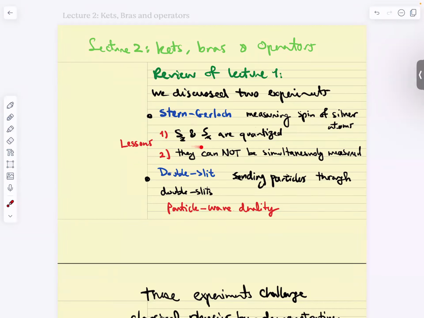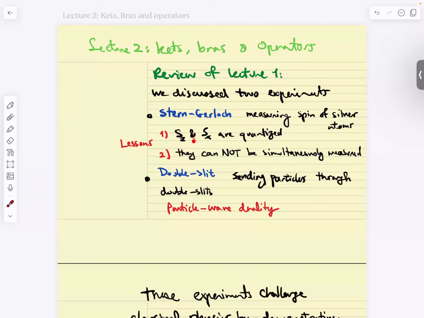So the first observation, the first lesson that was surprising, was that the results of SZ and SX, for example, came out to be quantized. Atoms would bend either up by a certain amount or bend down by a certain amount. This is counterintuitive because if the spin is just some vector in a 3-dimensional space, as you project it to the z-axis, you expect to find all sorts of different components in the z directions.